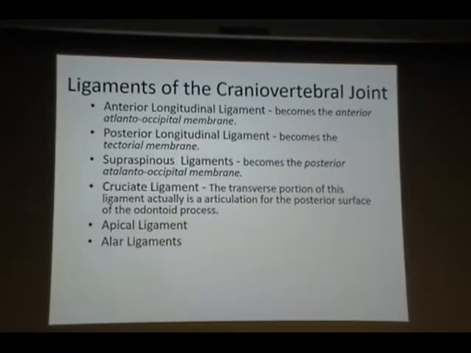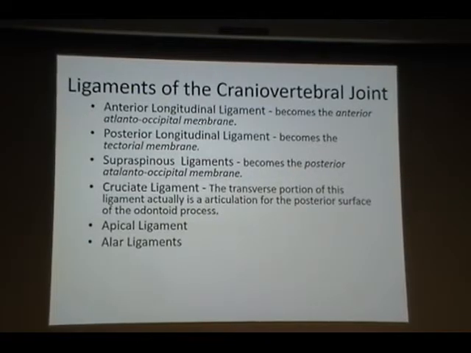So the anatomical word for a roof-like structure is tectum. So this is called the tectorial membrane as it goes basically from C2, crosses over the odontoid process and attaches to the occipital bone in front of the foramen magnum.